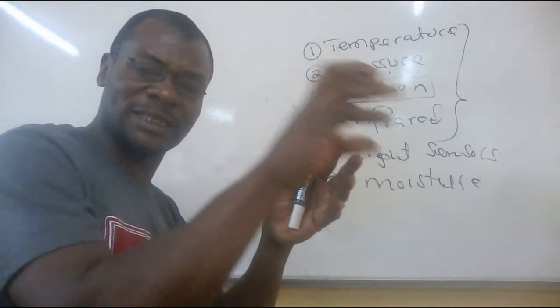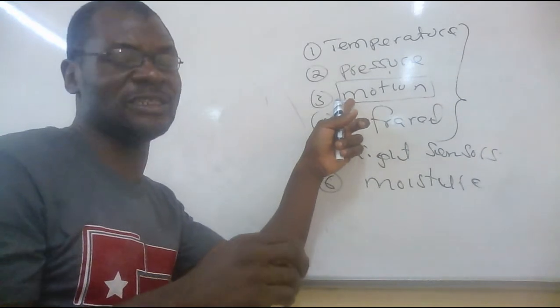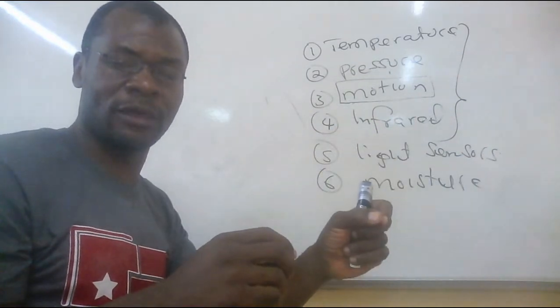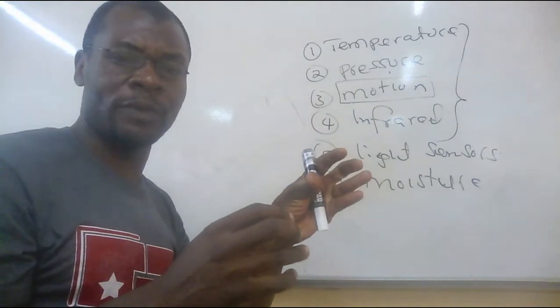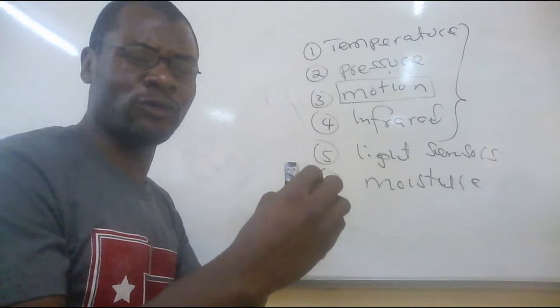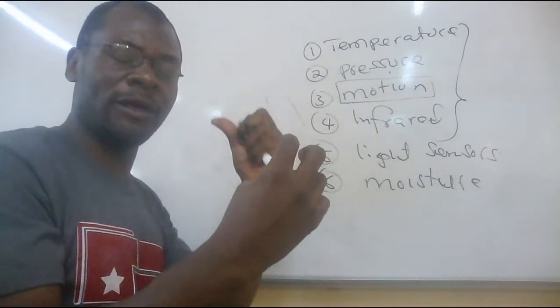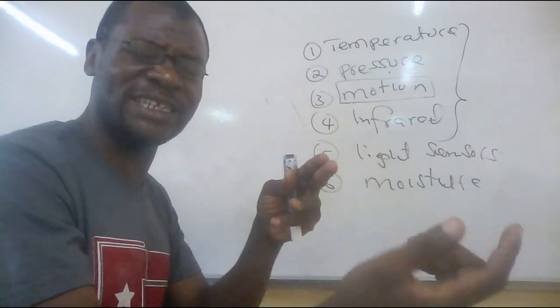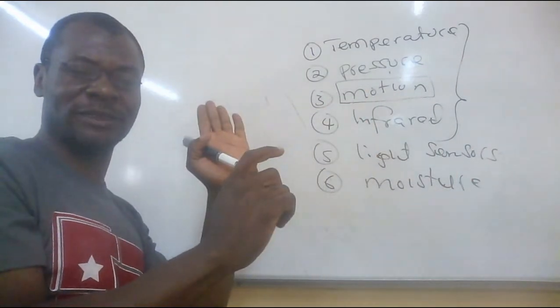As soon as it detects the motion that someone is coming, it will send the signal to the processor. And then the processor will compare the signal sent with what is stored. When it compares the two, it says: when I receive this type of signal, I'm supposed to open the gate. Then it will send the signal back to open the gate.